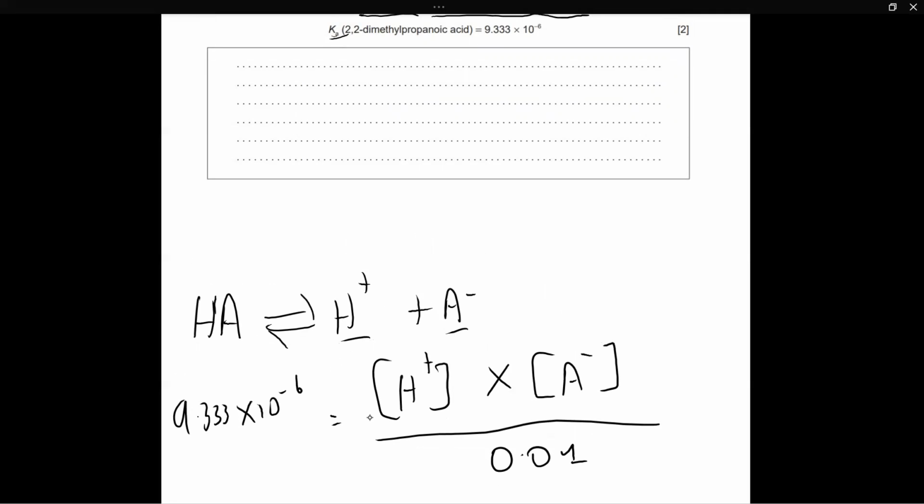So the concentration of H plus and the concentration of the ion formed are going to be identical. Because if you have HA and it breaks apart, it's going to give you the exact same amount of H plus, and the exact same amount of the ion that is left over.